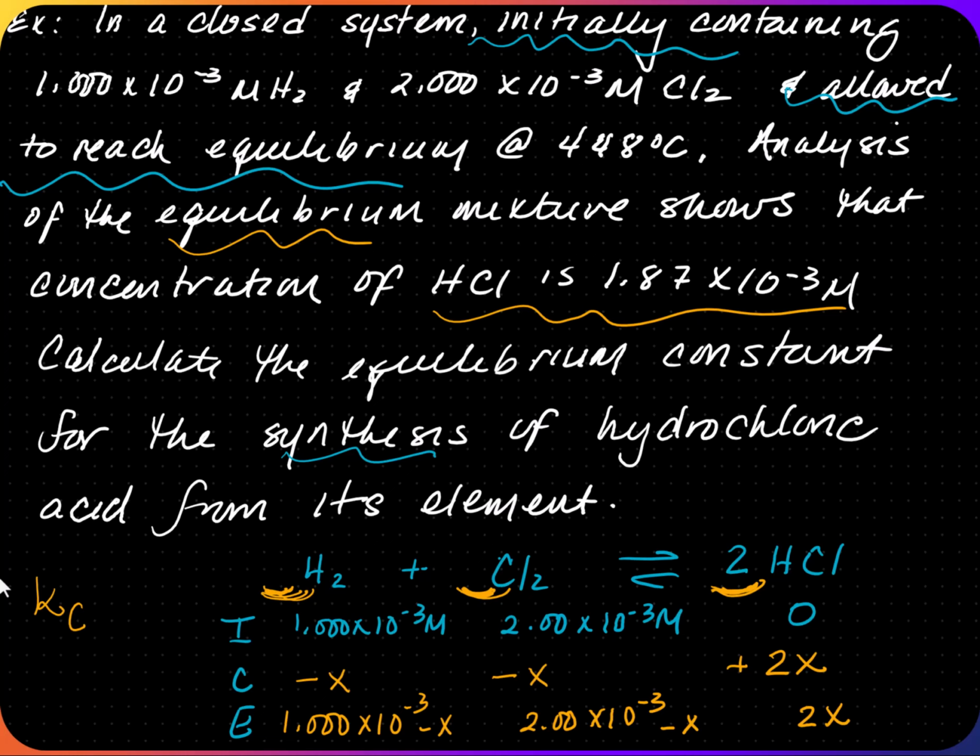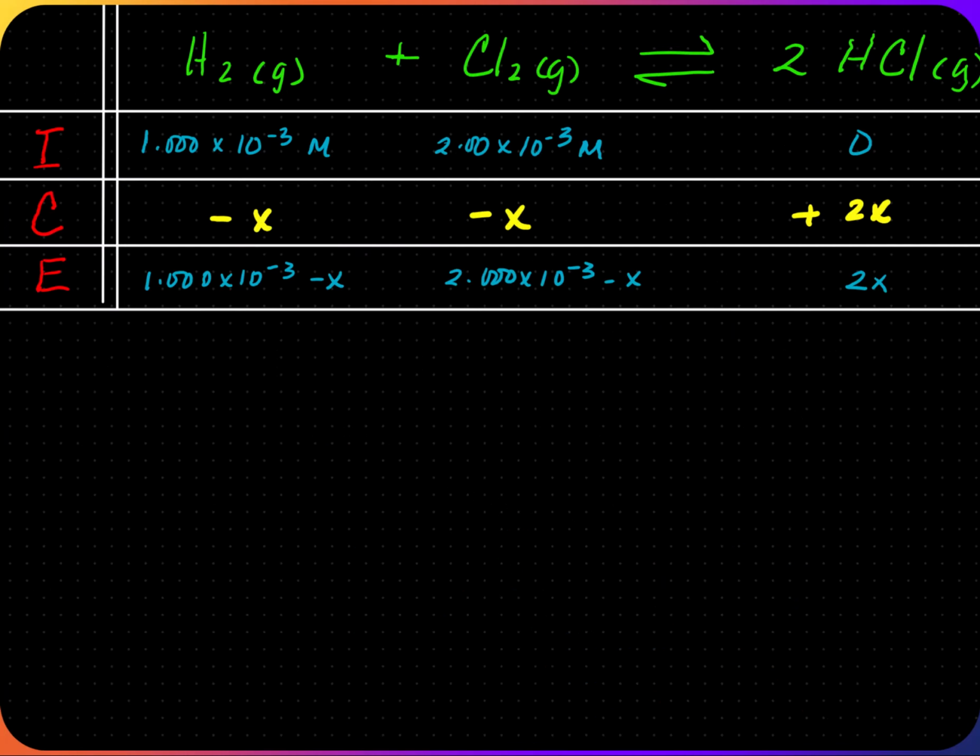I just rewrote the table that we did in the previous slide, and now I'm going to solve for x, because they told you at equilibrium the HCl concentration, which is equal to 2x, is equal to 1.87 times 10 to the negative third molar. So x is equal to 9.35 times 10 to the negative fourth molar.